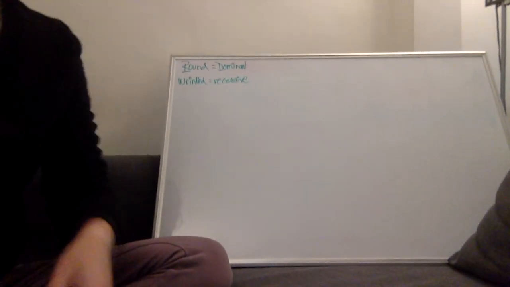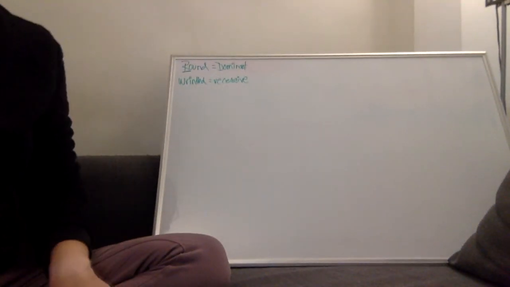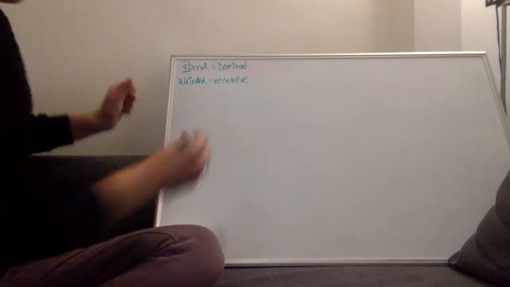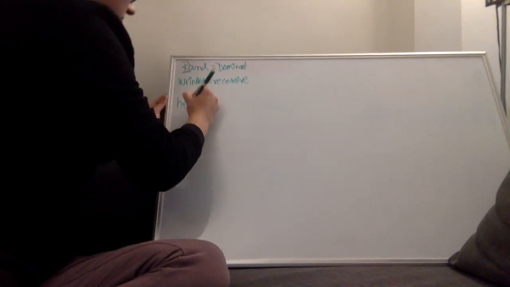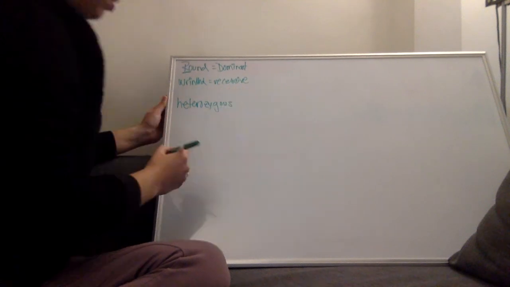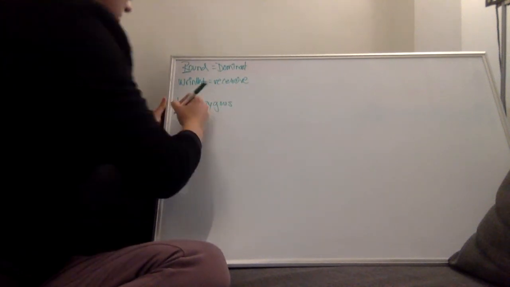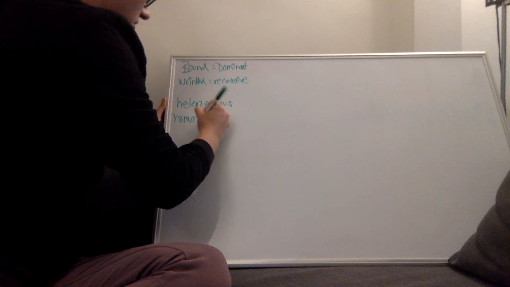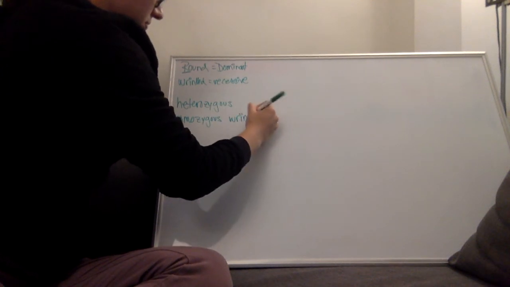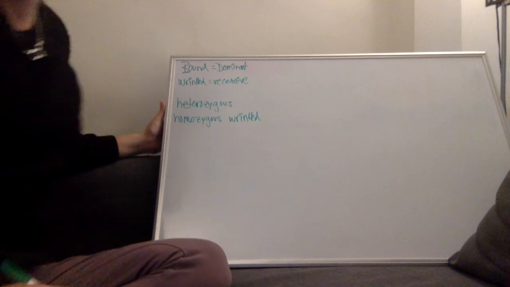Okay. And now we know we have a heterozygous plant and a homozygous wrinkled plant. Okay, so I'm going to write down heterozygous. And then homozygous wrinkled. Okay.